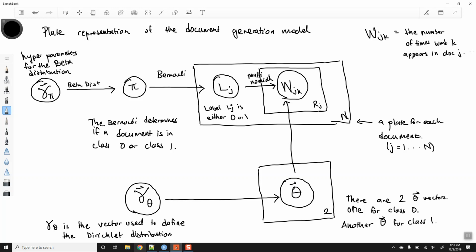So you've got K different words in your vocabulary. For the word banana, W_jk will be like the word banana appeared 5 times in document 1. The word ball appeared 6 times in document 7, or something like that. And R sub j will be basically all the unique words in document j.